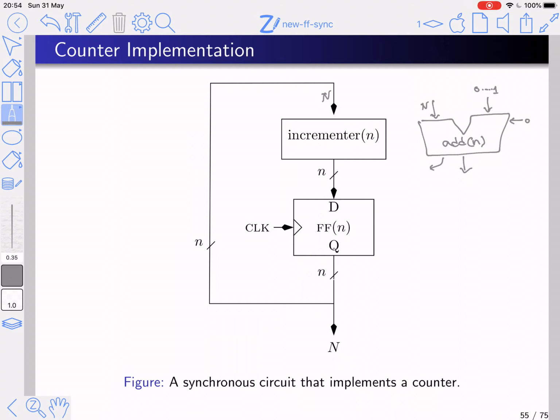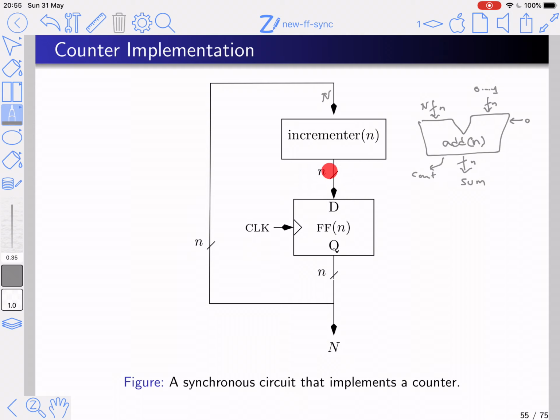We don't connect the carry out. We don't care about it. We only look at the n bits of the sum. So this is what an incrementer does. It takes n, it adds to it a 1, carry in is 0, and this is the sum output, and we ignore the carry out output.